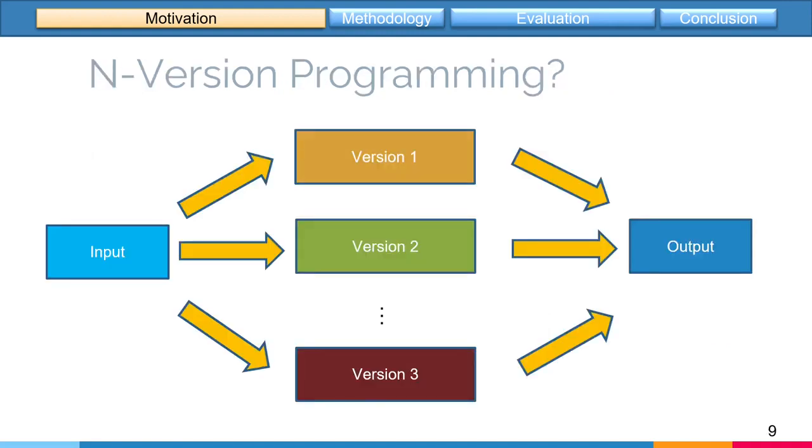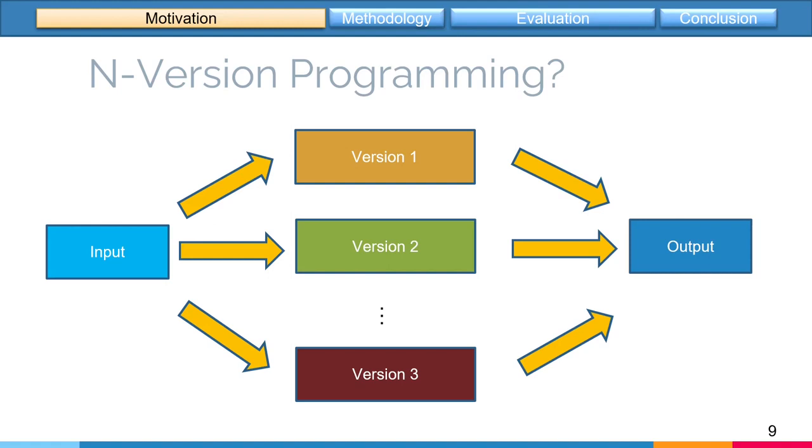Well, we know from traditional software engineering that software reliability can benefit from N-version programming, where different versions of the same program are executed and combined through majority voting. N-version programming has long been used in critical control systems like in airplanes.